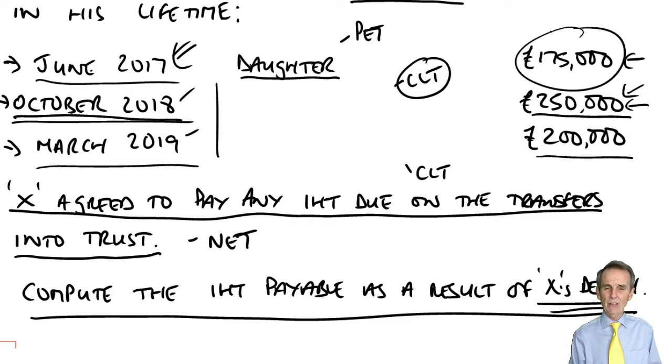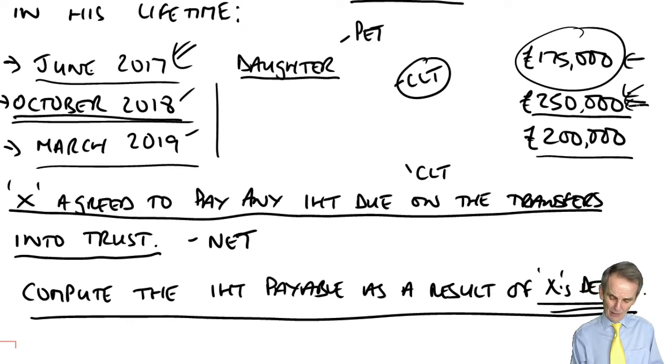That PET of 175,000 is ignored for this purpose. Again, it will be relevant when we come to deal with what was chargeable on death, but chargeable when made, it's just those 2 CLTs. Into trust for the benefit of the grandchildren there.